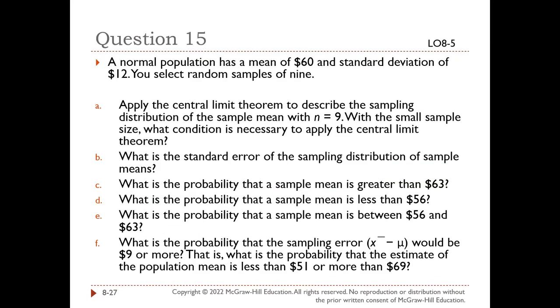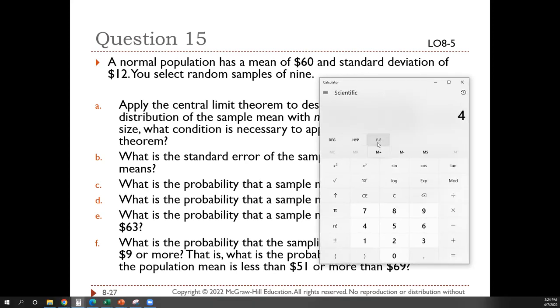So right now our sigma over square root of n is 4. Makes life a little bit easier. So we take our sample, which is 63, minus 60, divided by 4. We're sitting at 0.75. Okay, so 0.75 is our Z.